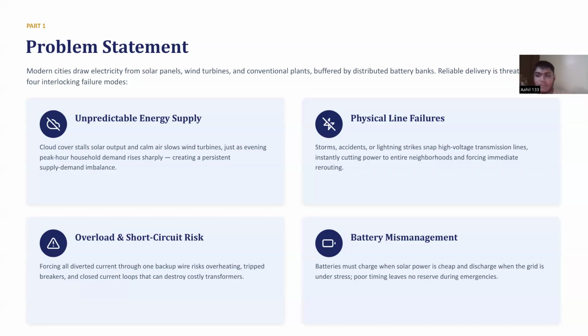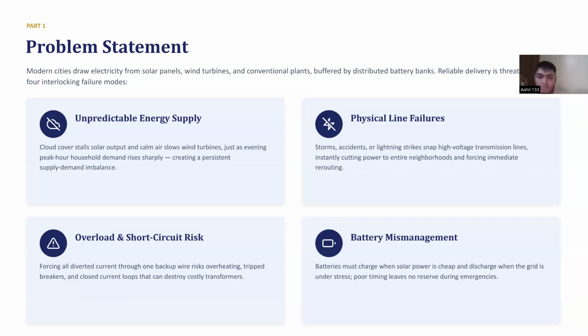This also introduces a third challenge for us, which is when we are rerouting the electricity, we need to make sure that we do not reroute through a line which already has sufficient load. Because when the load is extremely high, the wire can overheat, melt, or trip a breaker, and it can also cause damage like destroying the costly transformers.